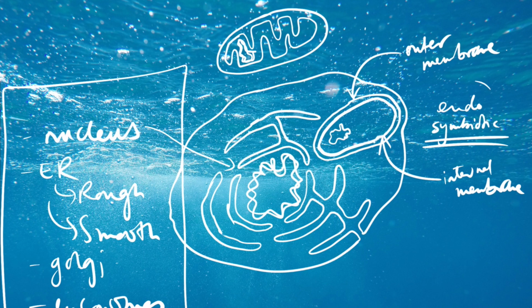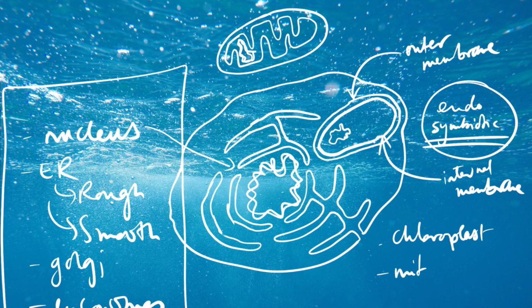We're going to combine those as endosymbiotic. So these organelles are the chloroplast and the mitochondria. They both have internal and external membranes, i.e. envelopes. They both have genomic information of their own as well.